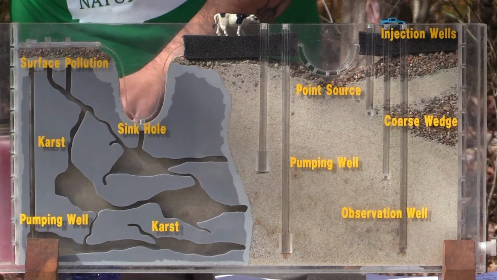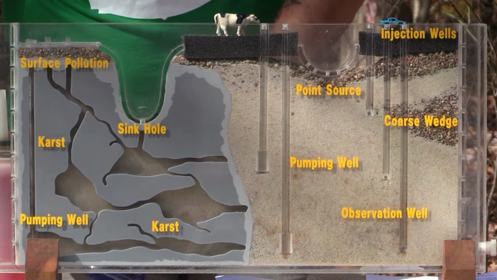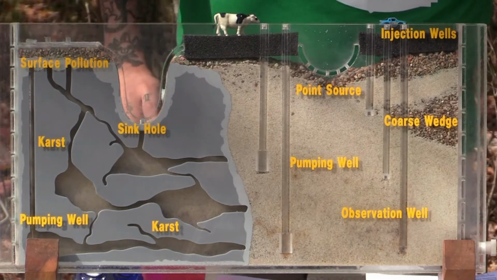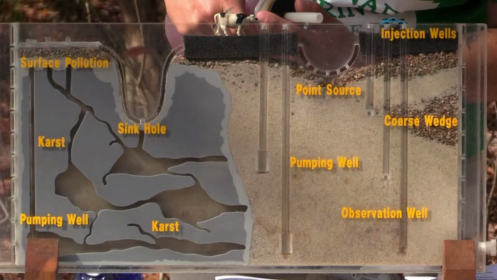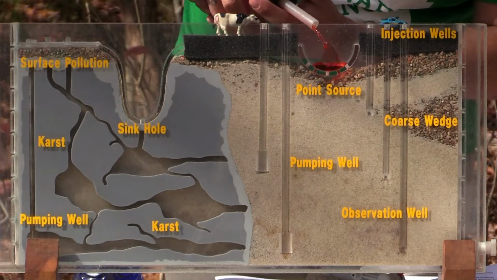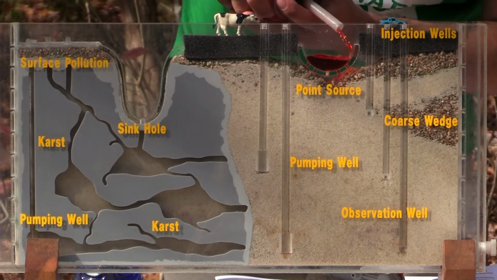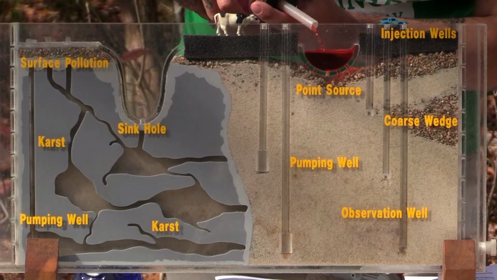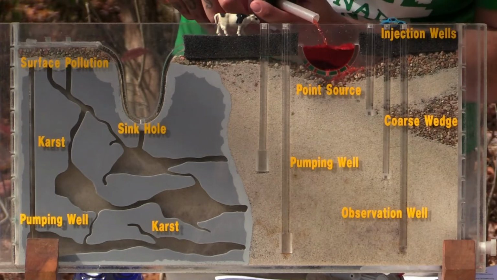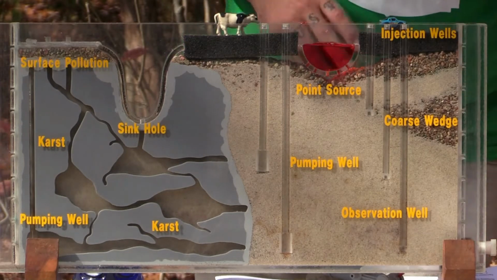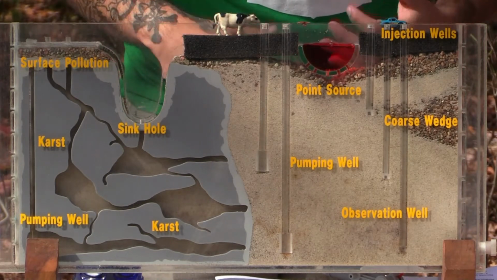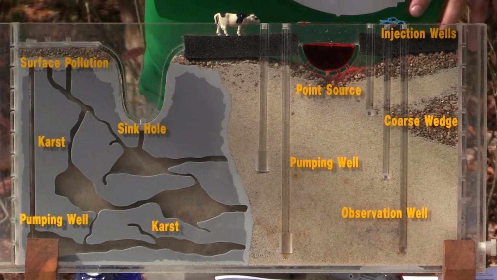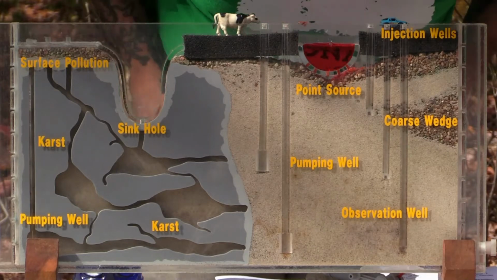We're going to include a little bit of dye in water, and that's going to show us how it moves through the system. All right, so we've added some dye, some water, and this represents our non-point source pollutants entering our dirt.